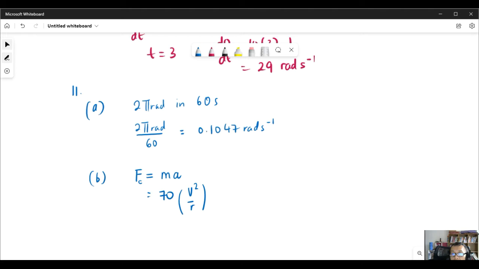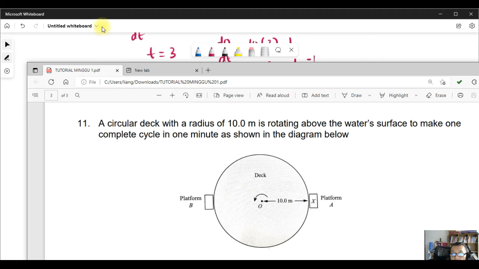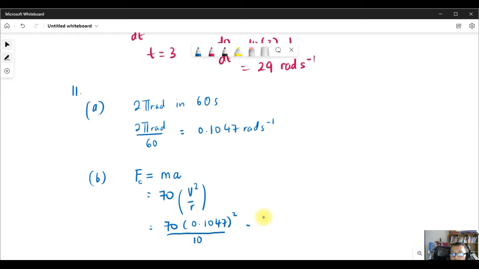So what is the angular velocity? It is given from A: 0.1047 squared divided by the radius of 10 given in the question, and that will give you 0.0767 Newton.